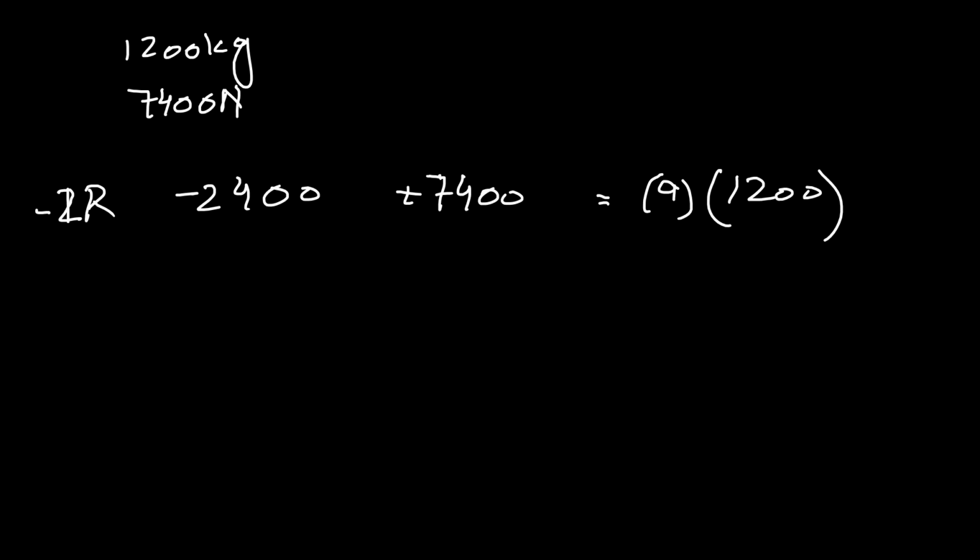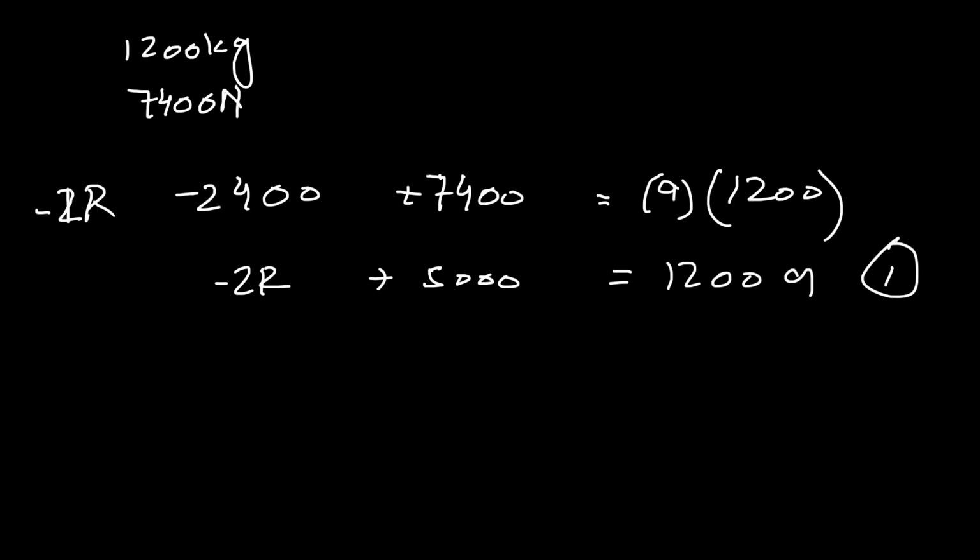So this forms an equation which is something like this: 5000 plus minus 2R equals 1200A. This is equation 1.